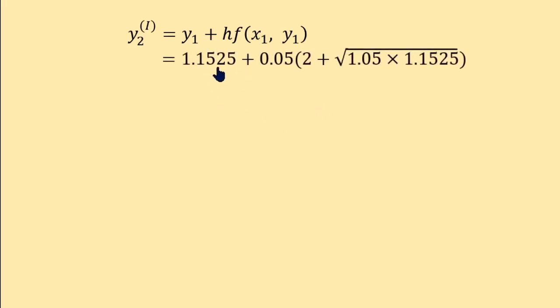So this is your answer. Last step, y1 value is answer. Answer plus 0.05 bracket open 2 plus square root of x1 is 1.05 into answer.